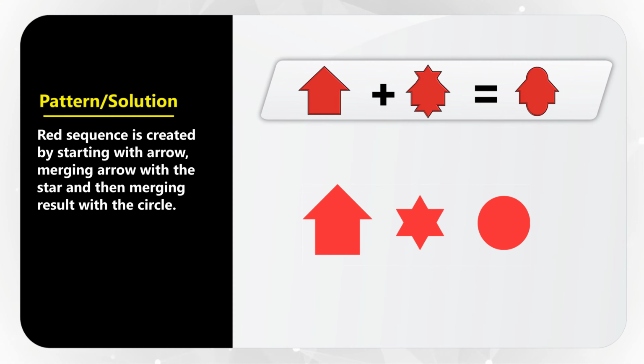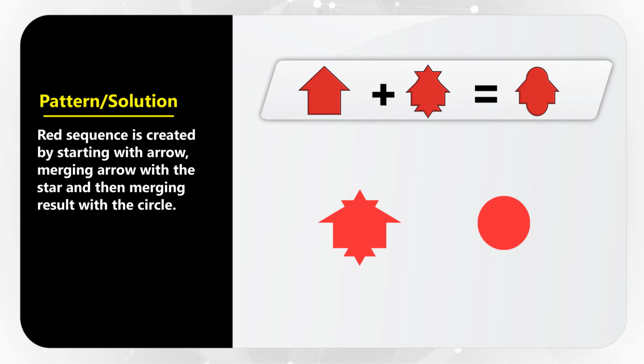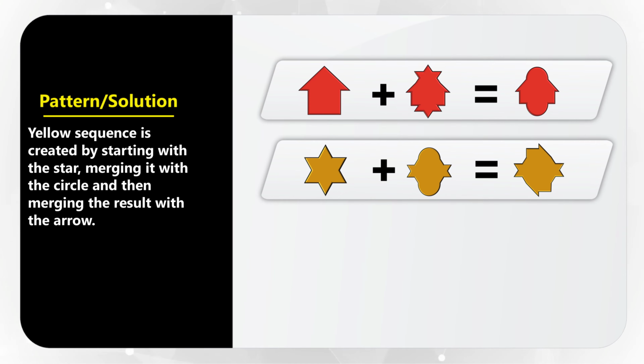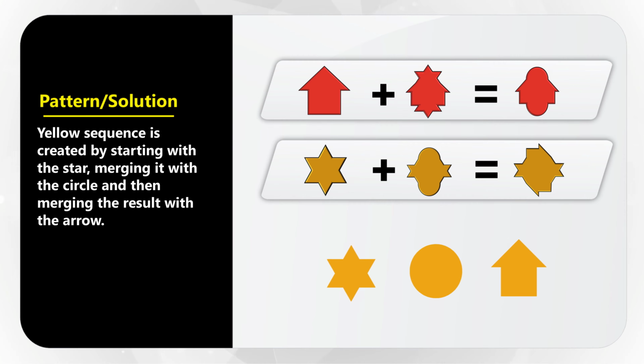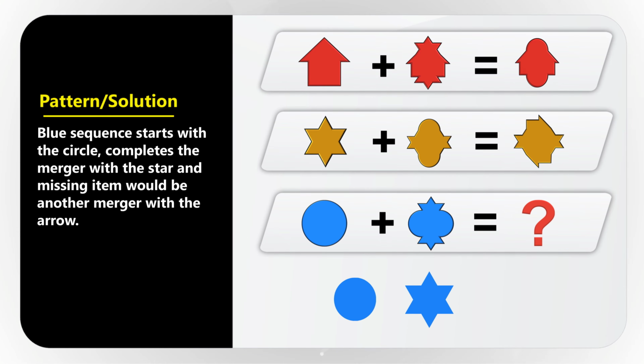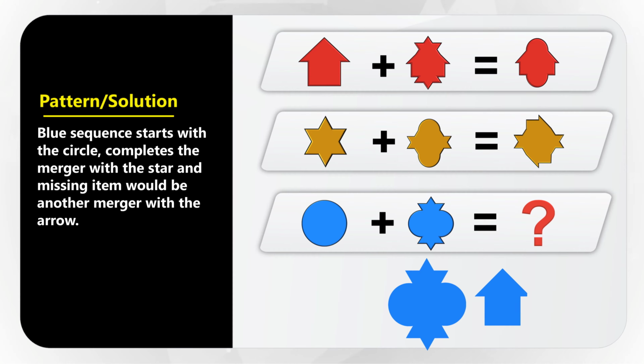Red sequence is created by starting with the arrow, merging the arrow with the star, and then merging the result with the circle. Yellow expression is created by starting with the star, merging it with the circle, and then merging the result with the arrow. And last but not least, the blue sequence starts with the circle, completes the merger with the star, and then the missing item can be created by doing another merger with the arrow.